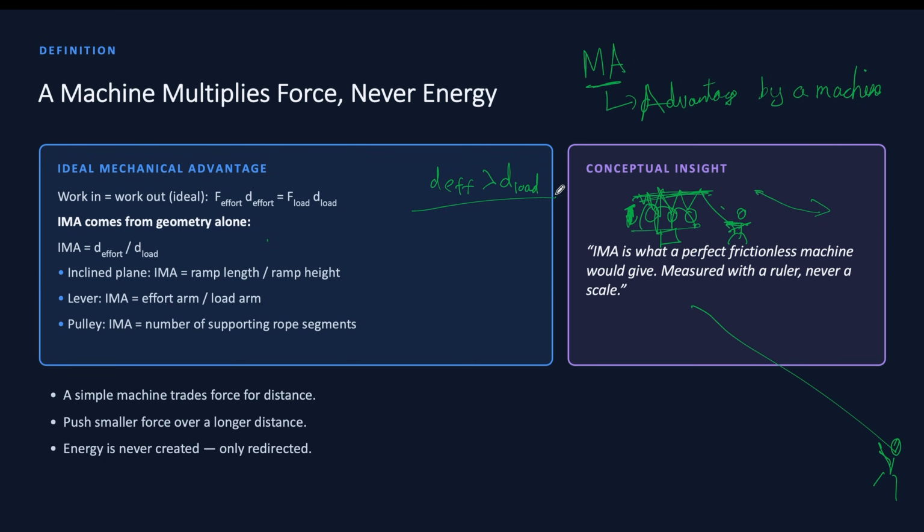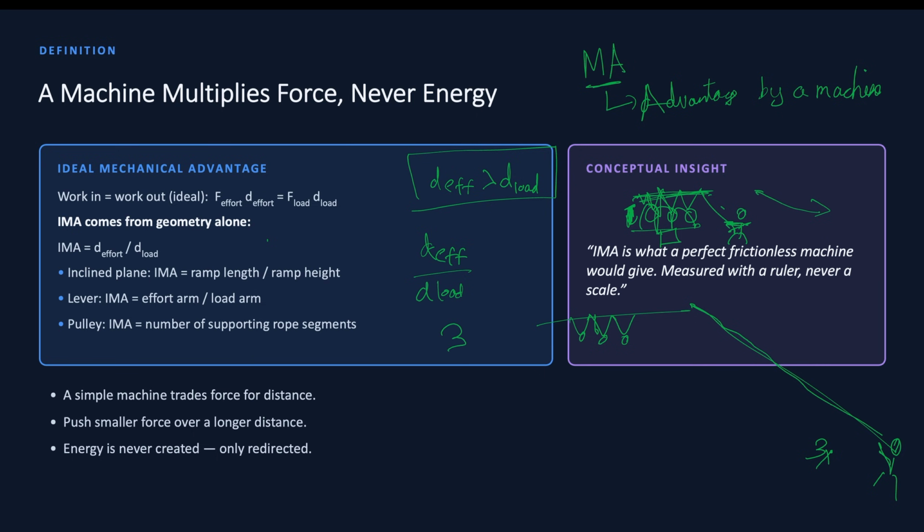So ideal mechanical advantage is D effort over D load. Basically, if you pull 3 times as large a distance, but you use 3 times lesser force, your mechanical advantage would be 3, okay?